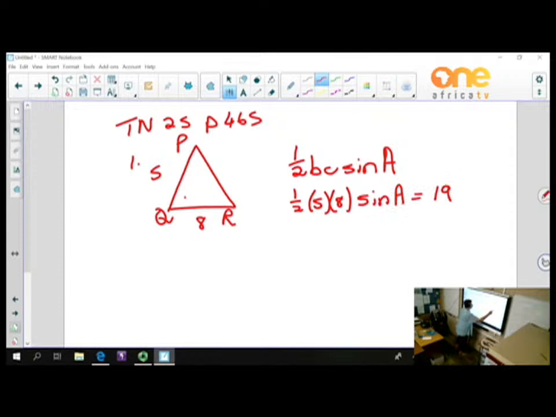And we have the area now to be 19 square centimeters. You have that area, so you equate it to that one there.